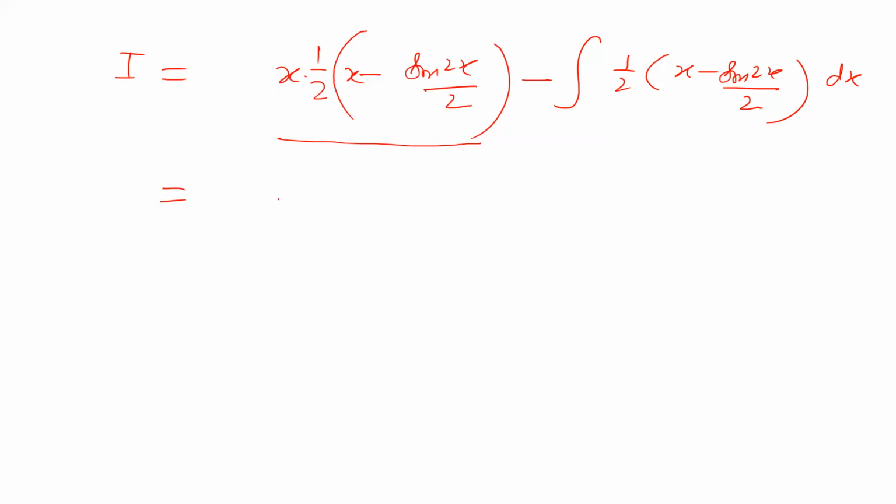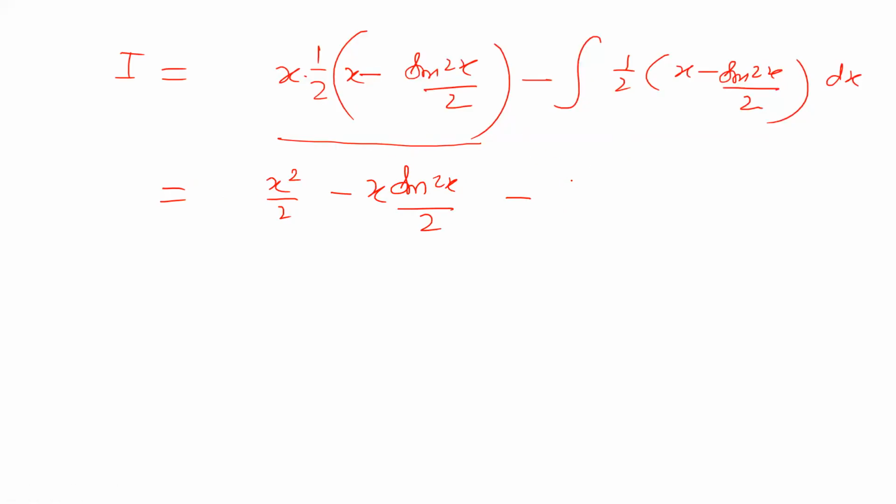So here we can find out, you can multiply minus one by 2 integration of x minus sin 2x by 2.